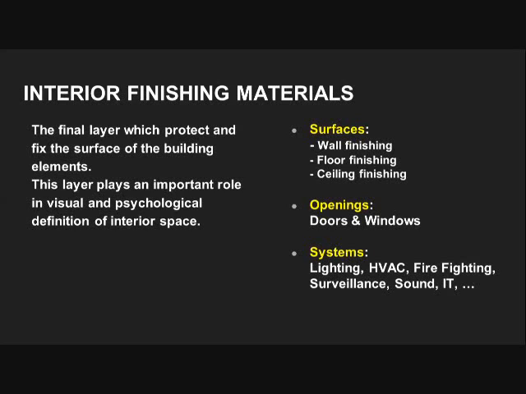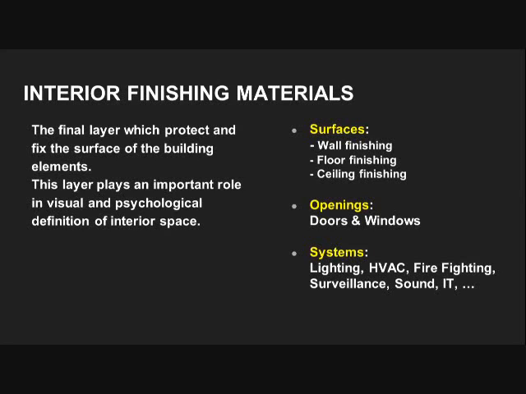So we have mainly three surfaces, as discussed also in Ching's book, Architecture: Form, Space, and Order. These are the base plane, the floor, the vertical plane, the walls, and the overhead plane, the ceiling.